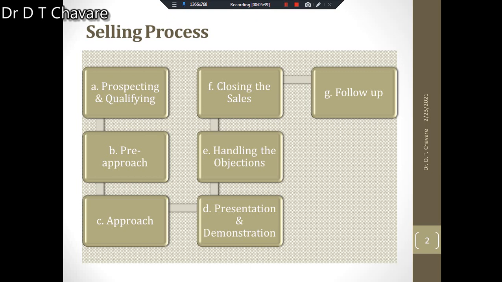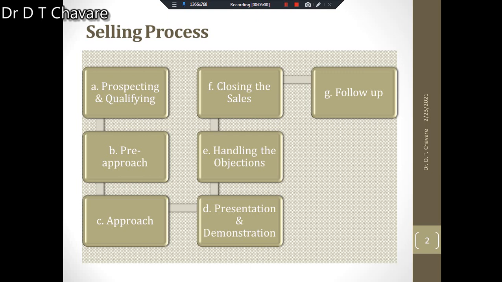It means that when the customer is thinking about qualities, features, price and all such things, at that time the customer requires this mental support from the salesman.